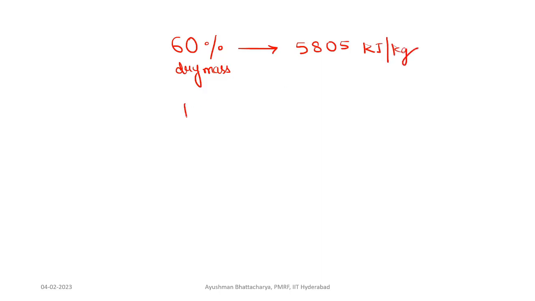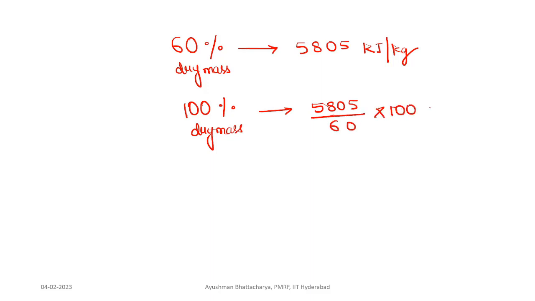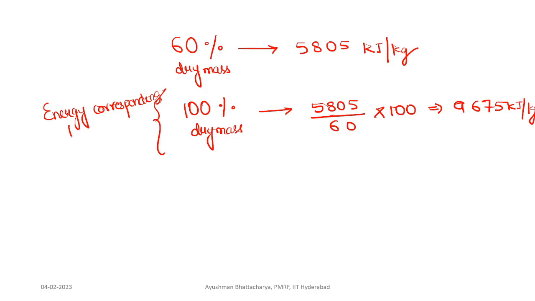Then for 100% dry mass, it will be 5805 multiplied by 100 divided by 60, which comes out to be 9675 kilojoule per kg. So this is the energy corresponding to 100% dry mass.